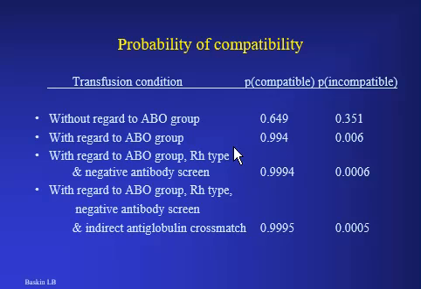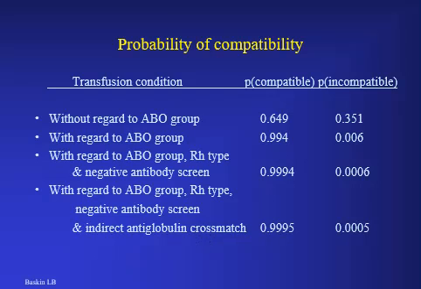And once we add the RH type and a negative antibody screen, we've improved it to 99.9%. 99+%. By doing the cross match, at that point, we've only improved the probability of compatibility by another 1/100th%, or about 1 in 10,000 transfusions.